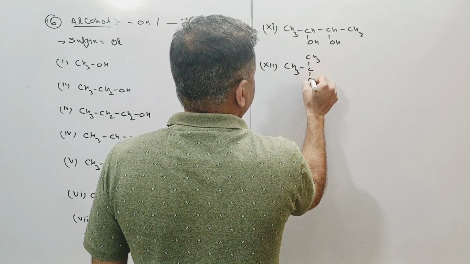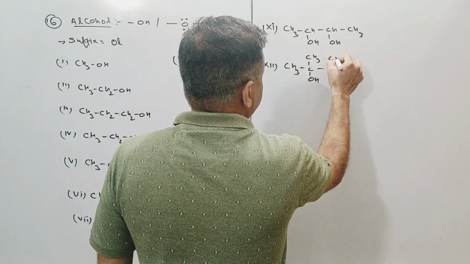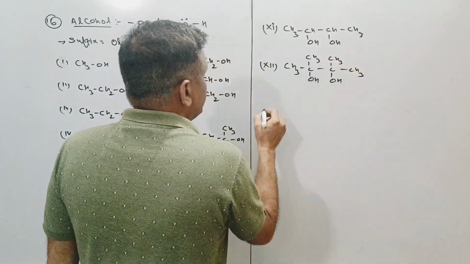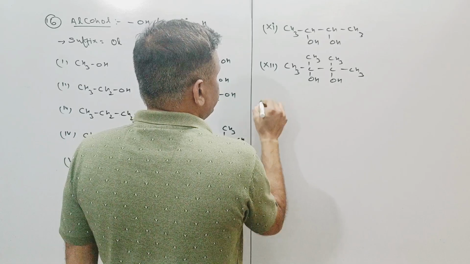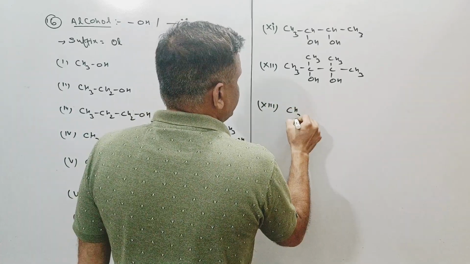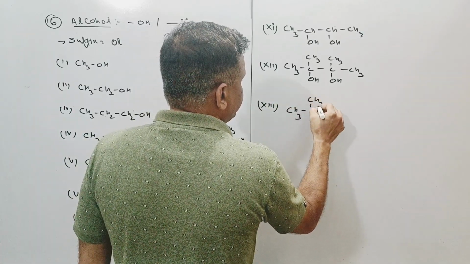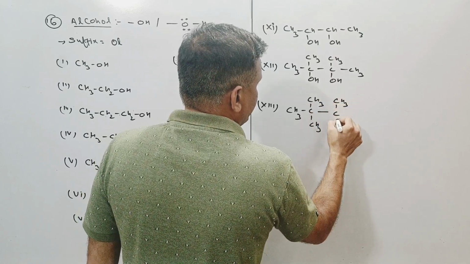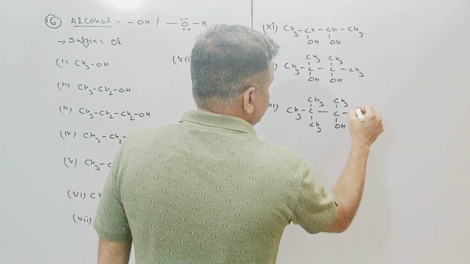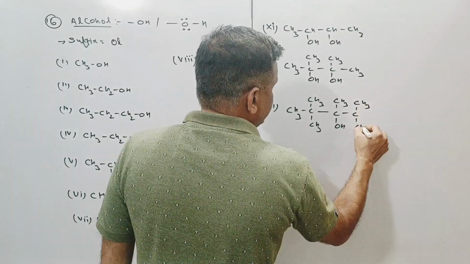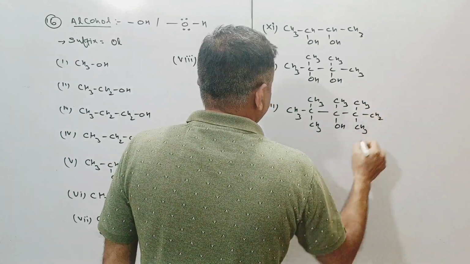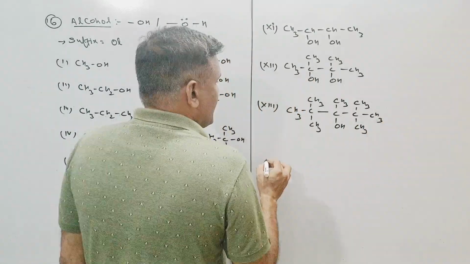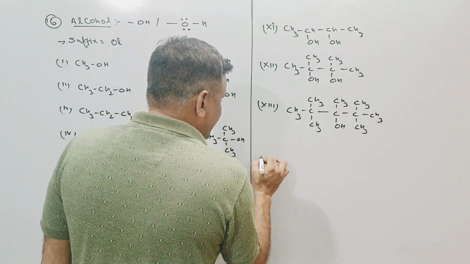CH3CH3, OH, CH3 and CH3. This is your 13th compound, with CH3, CH3 and OH, CH3 and CH3. Now I would like to go with the bond line structure also.